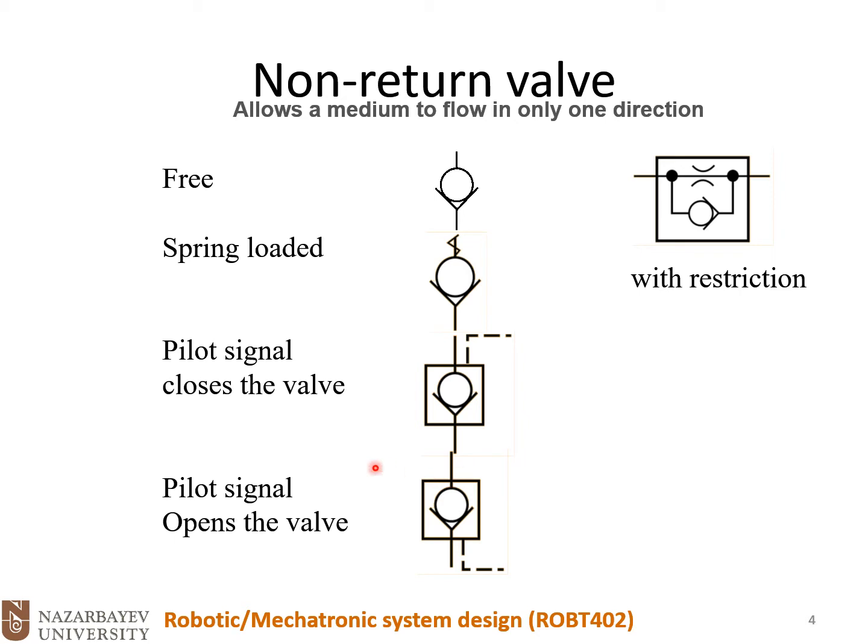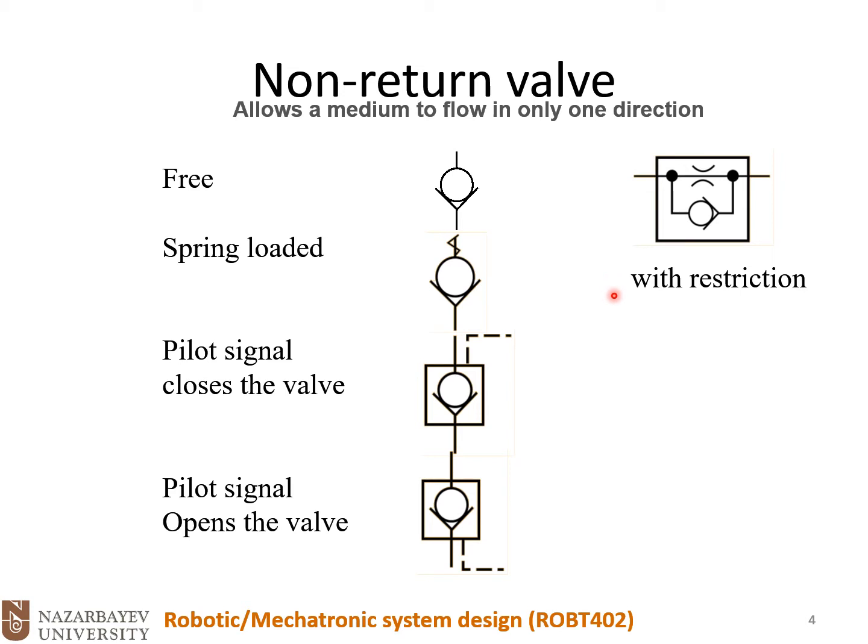So basically the valve will act like a normal pipe, and the air could flow either way, top to down and down to top. And once we stop sending the signal, the ball goes back to its place, and the valve works as a normal non-return valve.